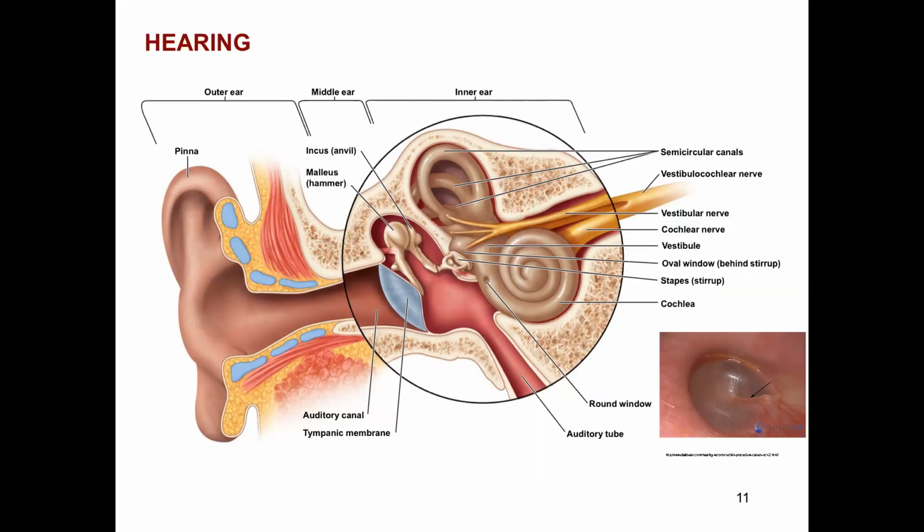And then the inner ear's job is to convert that sound information into action potentials. For sound specifically, that's going to happen in the cochlea. I love this slide where you can see the bones of the middle ear attached to the tympanic membrane. I just think this is really cool.